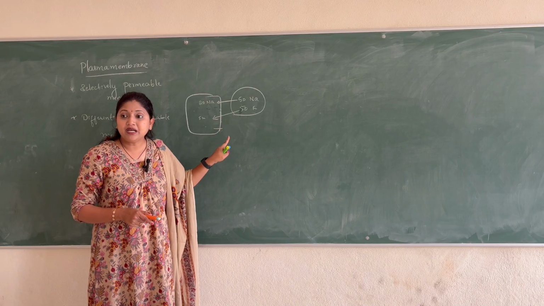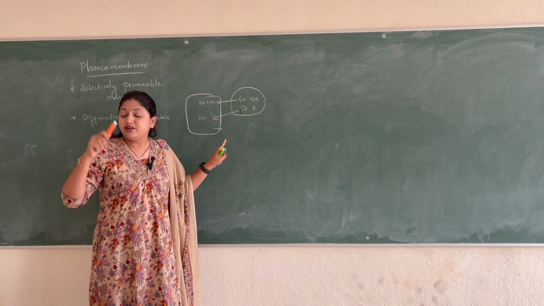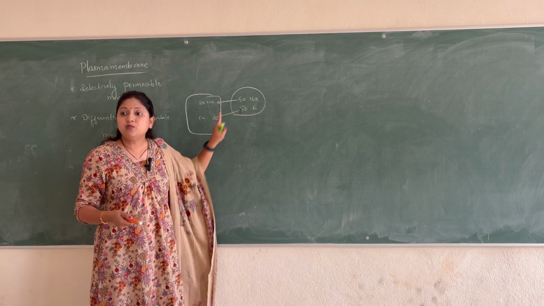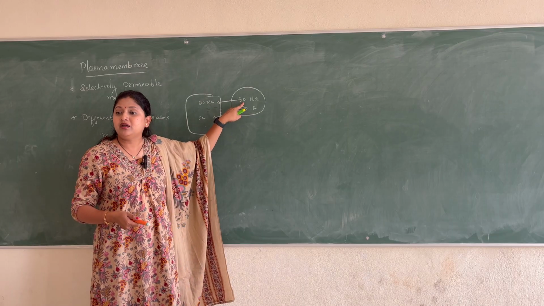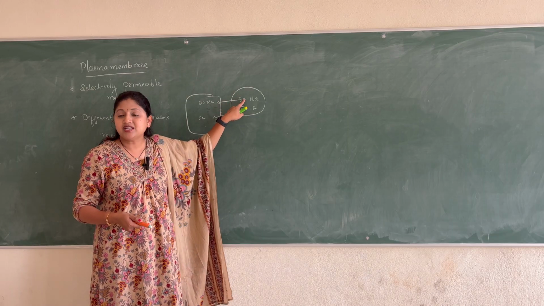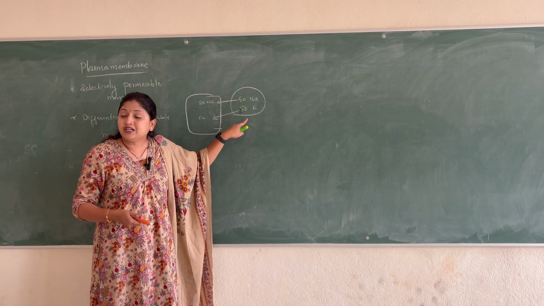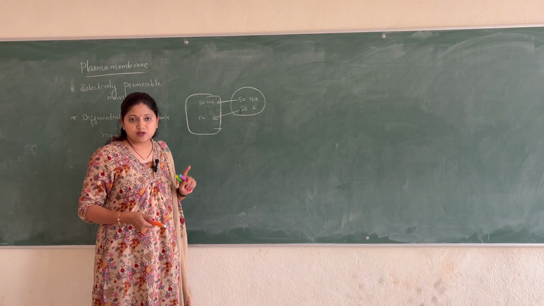Differentially permeable means it is definitely permeable to both the molecules, but it is differently permeable to the sodium, permitting 20 molecules, and differently permeable to the potassium, permitting only 5 molecules.